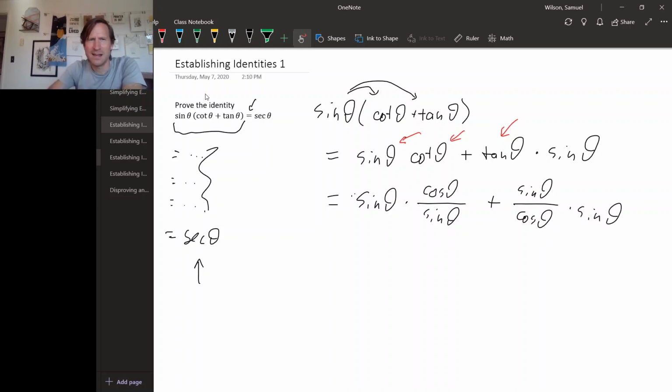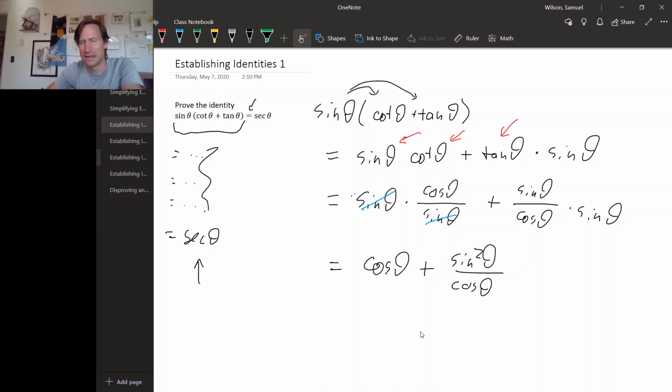All right, and I see that some things happen here. So these sine thetas cancel, and we get cosine theta plus, and then in the second piece, we can combine the sines. We get sine squared theta over cosine theta.